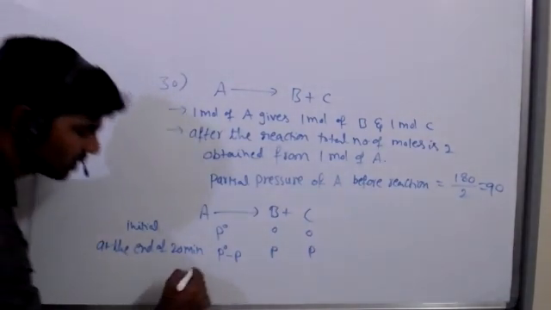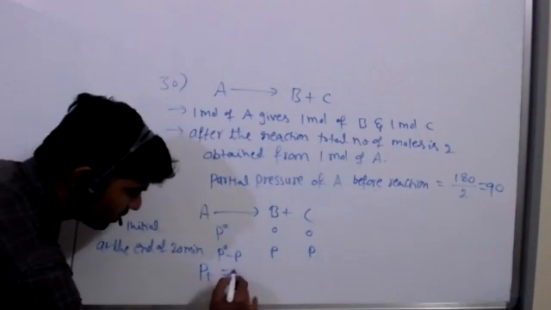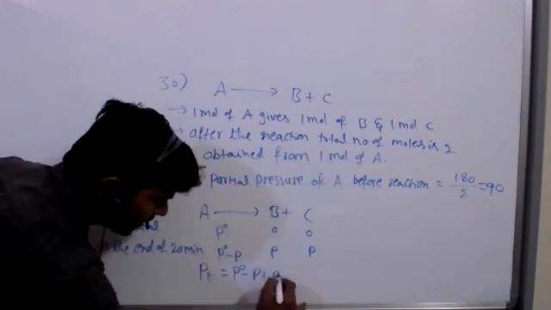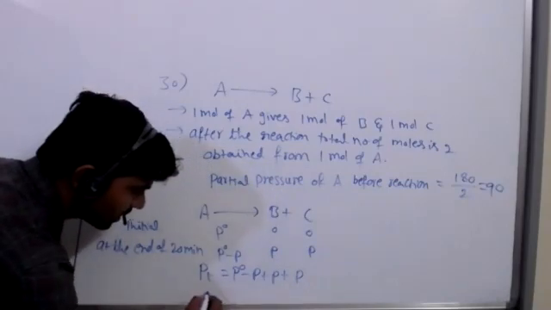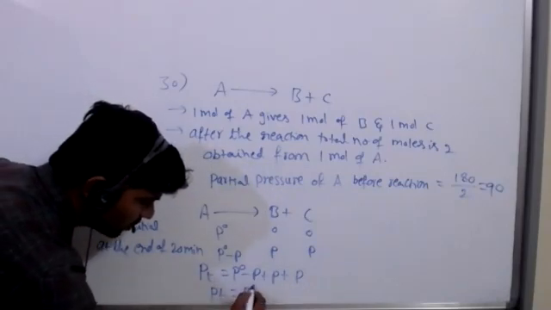Now the total pressure, P total, is equal to P0 minus P plus P plus P. So minus P and plus P cancel, and P total is equal to P0 plus P.